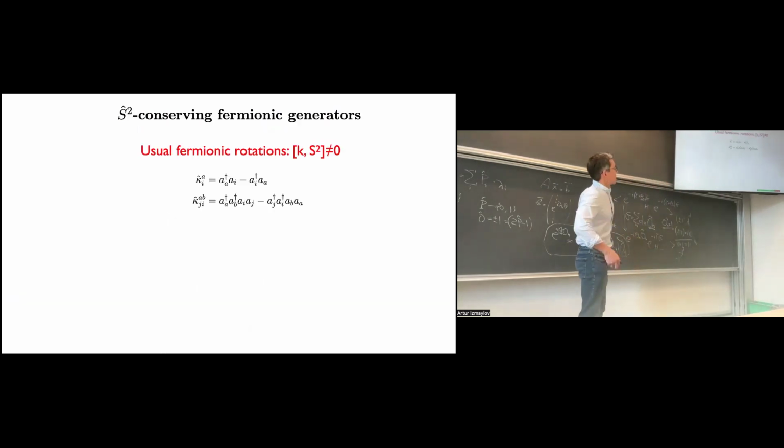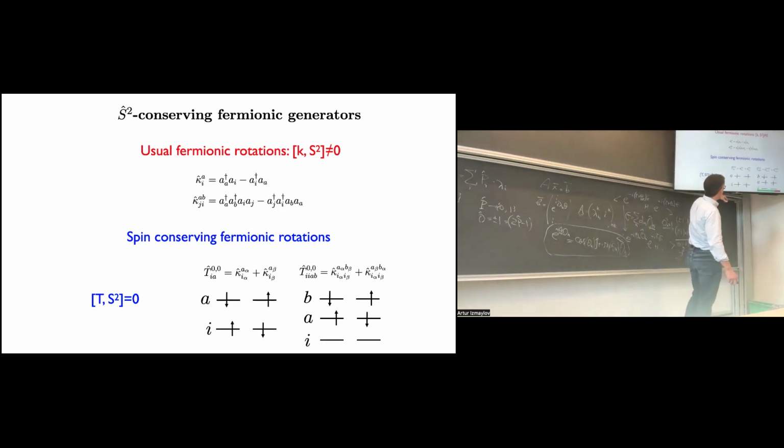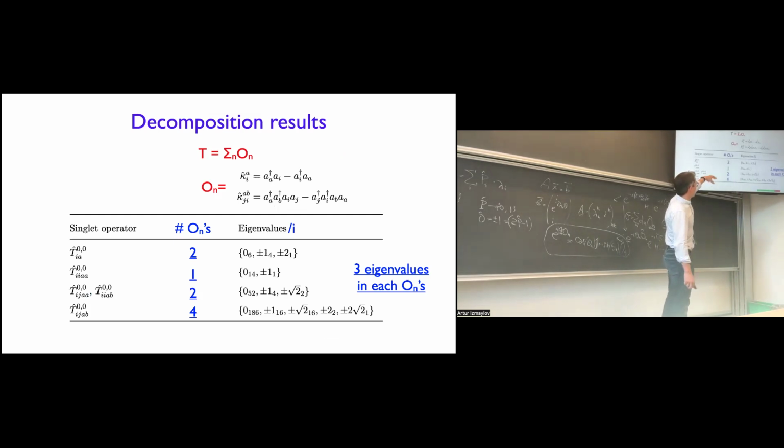All right, so just one example to illustrate this is spin conserving fermionic generators. There are quite a bit of them, and let's say you want to do the excitations: these are single excitations, and these are double excitations with unpaired electrons. It turns out that the number of elementary eigenvalues for various 2-electron excitations could be all the way, here in the subscripts is the degeneracy, but the different number of eigenvalues 1, 2, 3, 4, 5, essentially 4 times it's 9, right?